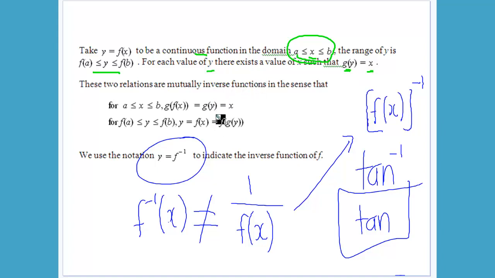So basically we're saying we can go the other way. We call these mutually inverse functions: we can take a function, take its inverse, and then reverse it, and it gives us back only the one x value.